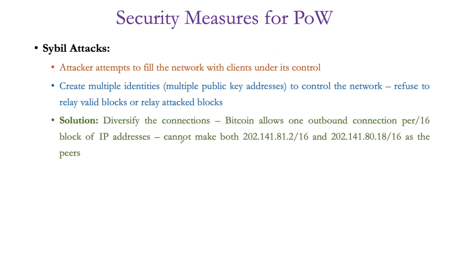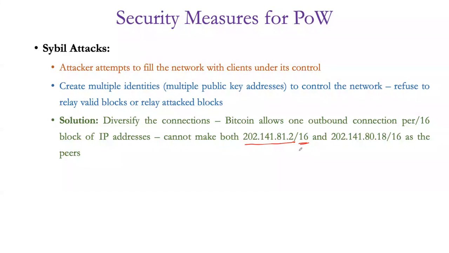The proposed solution for this Sybil attack is to diversify the connections. Bitcoin allows one outbound connection per /16 block of IP addresses. That cannot make both IP addresses, like 202.161.81.2 by your /16.